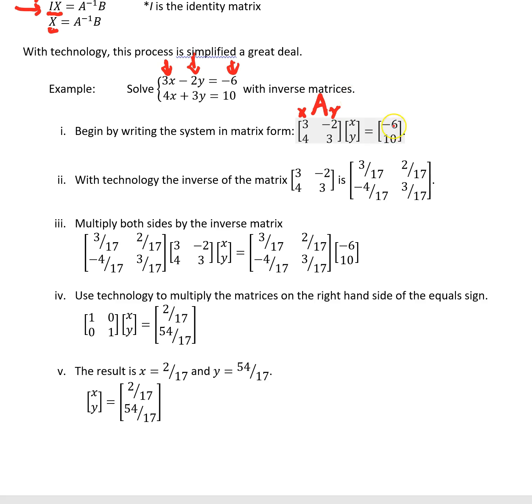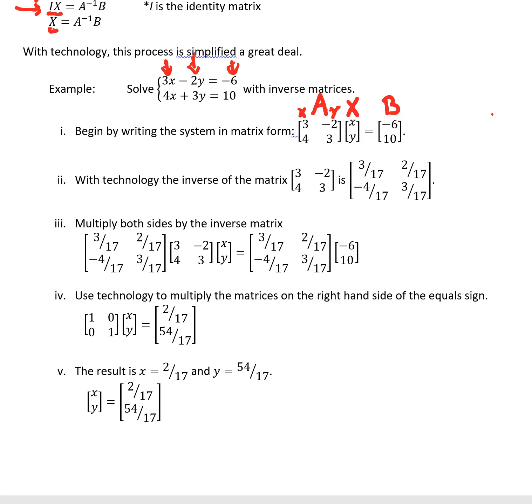And matrix B at the end has all the constants, the -6 and 10. You'll notice that matrix X here, capital X versus smaller x, has our variables x and y from our equations. So that's an important setup. You take all the coefficients, place them in A, place your variables in X, and then your equal sign and your constants.